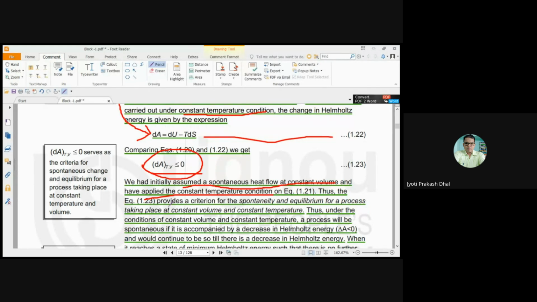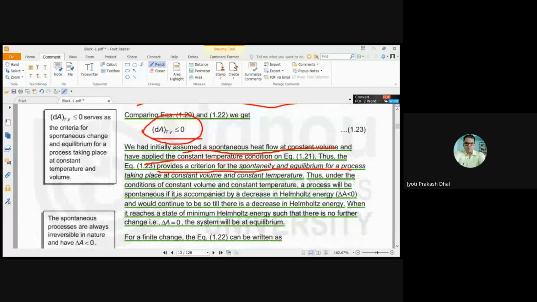Thus equation 1.23 provides a criterion for spontaneity and equilibrium of a process taking place at constant volume and constant temperature. Because initially we have assumed that the process is carried out at constant volume and constant temperature, because whatever you do in the laboratory is generally at constant volume and constant temperature condition.